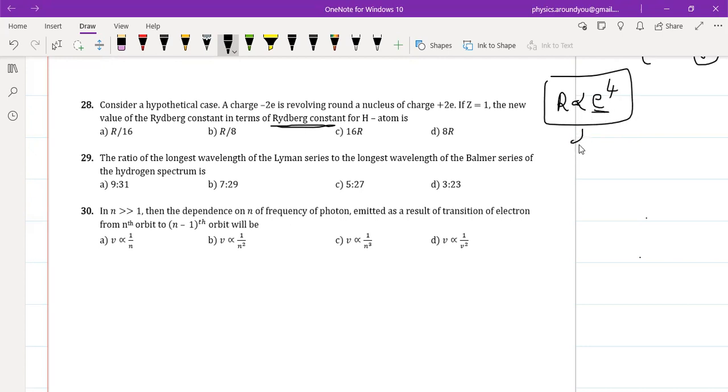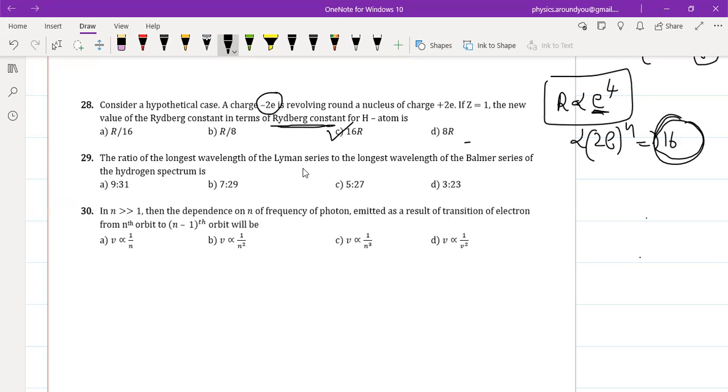Now the charge on the electron is, there is a new particle, minus 2e. So e has been increased to twice its value. So the new Rydberg's constant is 2 power 4, which is 16 times the old Rydberg's constant, which had only e power 4. So 28th one goes with C.